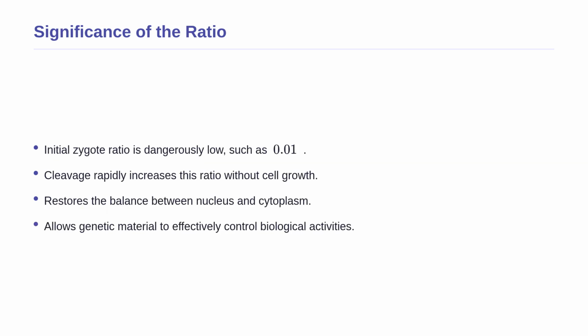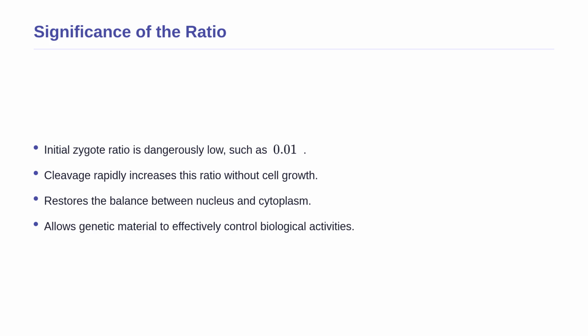Looking at the result of our previous calculation brings us to a crucial biological realization. Before any divisions occurred, the initial ratio of that sea urchin zygote was a mere 0.01. By undergoing just 3 rounds of cleavage, the ratio jumped significantly to 0.08.